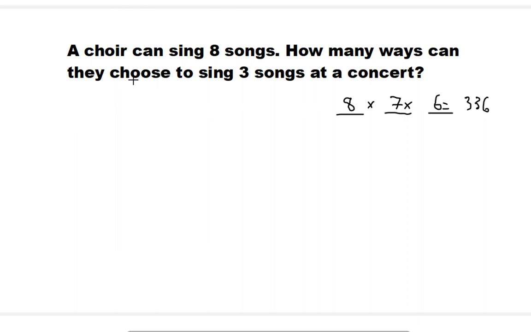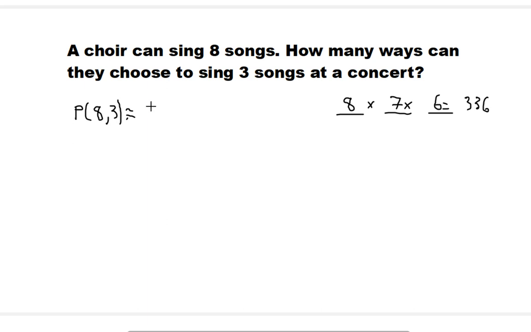So the idea here is that we can think about this as a permutation. They're essentially doing a permutation where they have 8 songs to choose from, and they're singing 3 of them. They're going to choose 3 of them. So we can either use our calculators. I'm going to just show you how to do it without a calculator, or at least start without a calculator.